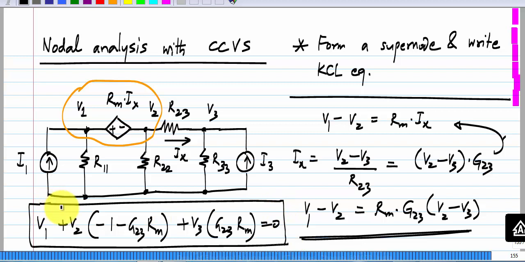So this is how we write the equation, and you see that it has actually come out quite similar to the case with the voltage controlled voltage source.